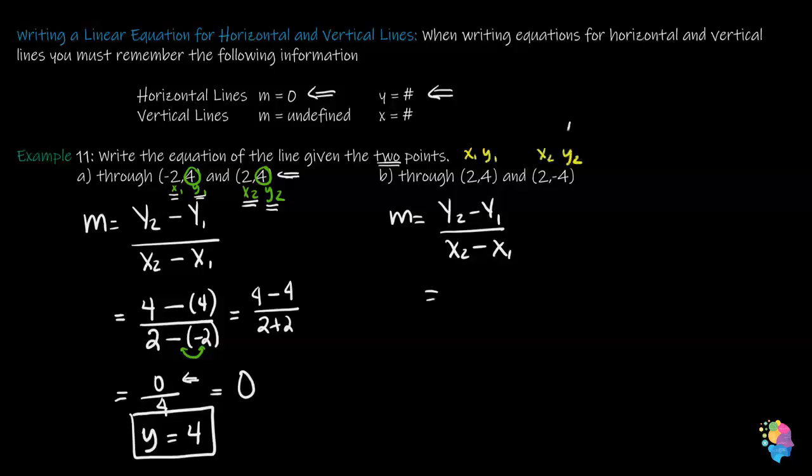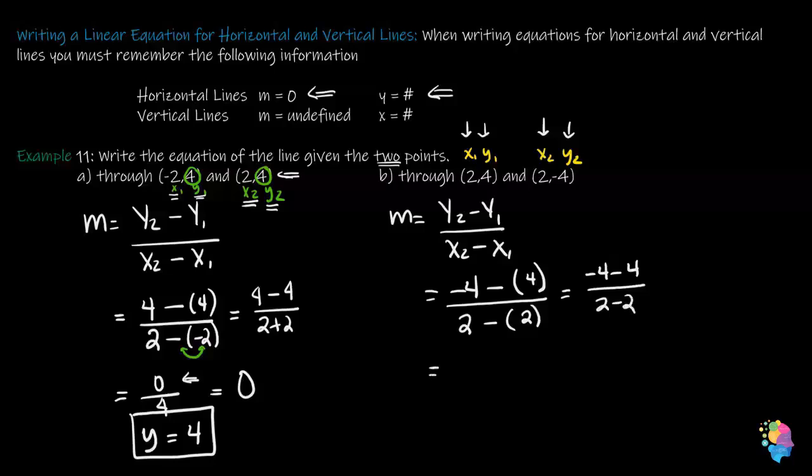We plug it in. y2 is -4, minus from the formula, y1 is 4, over x2 is 2, minus from the formula, x1 is also 2. Now, because we don't have a negative minus situation, neither in the numerator or denominator, I can just drop the parentheses.